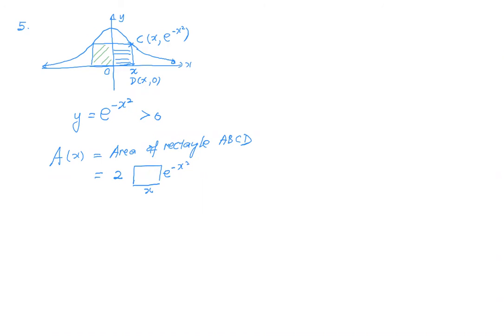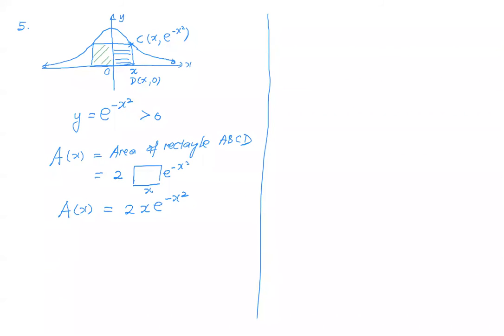Okay, so I get the function of A of x. That is 2 times x e to the power negative x squared. Got it? Okay, so now you want to find the maximum area that you can inscribe. So you have to differentiate this using the product rule. So can you practice this? How to use the product rule like just now?